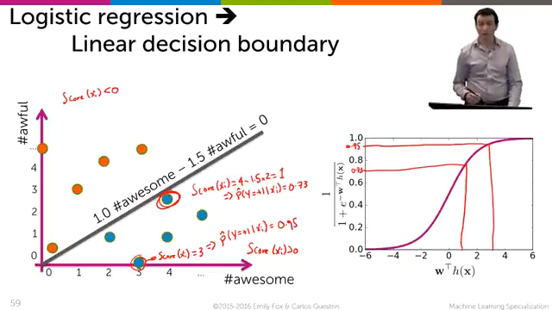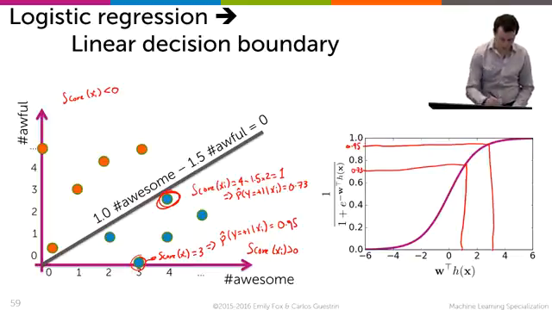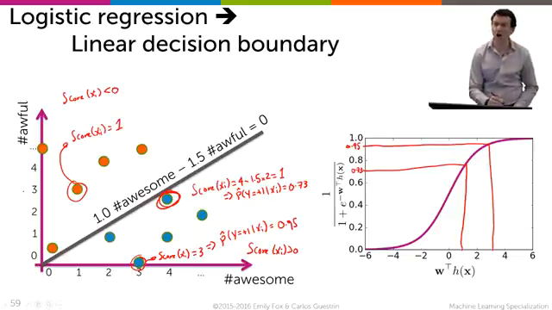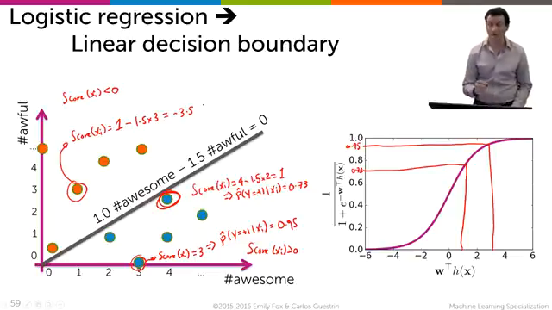Very good. Now let's take a final data point on the other side of the axis. If you take this data point over here and compute its score, it has 1 awesome, so that counts as 1, but it has 3 awfuls, so that counts as minus 1.5 times 3, so the total score is minus 3.5, so it's very negative.